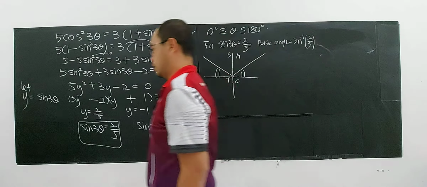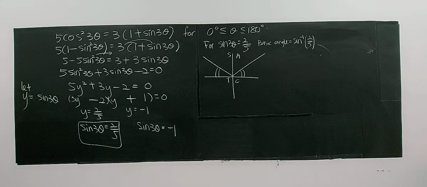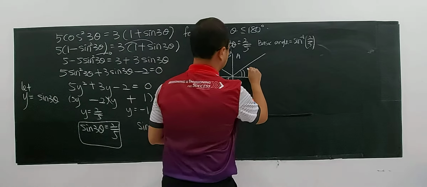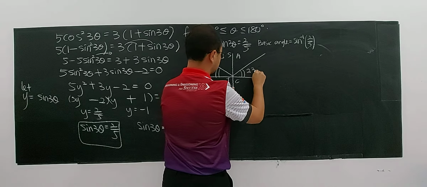So I need the calculator, in degree mode. Arc sine of 2 over 5 gives 23.58 degrees, to 2 decimal places.